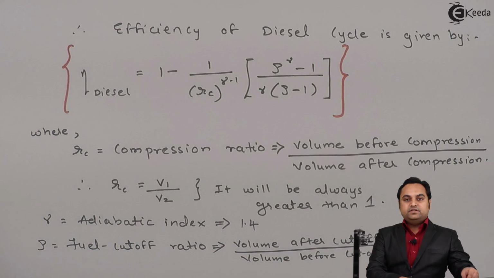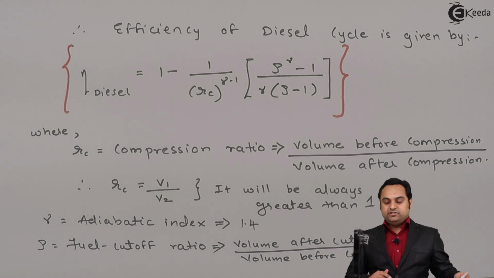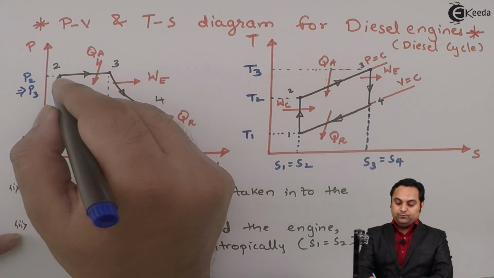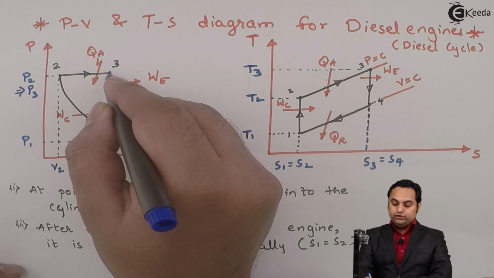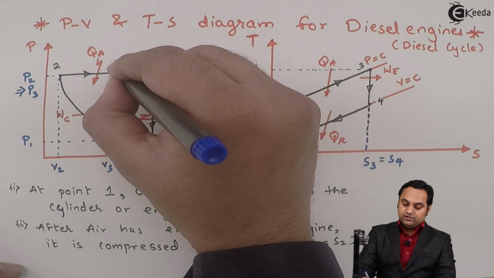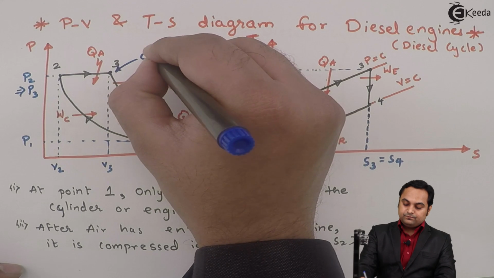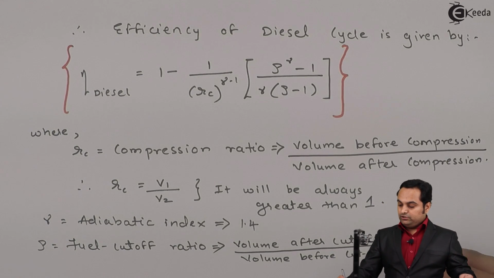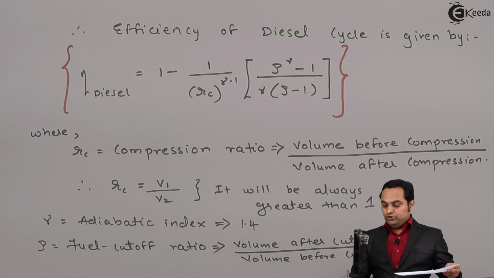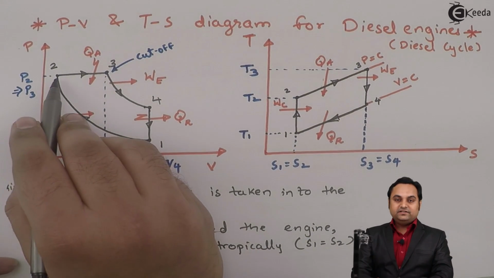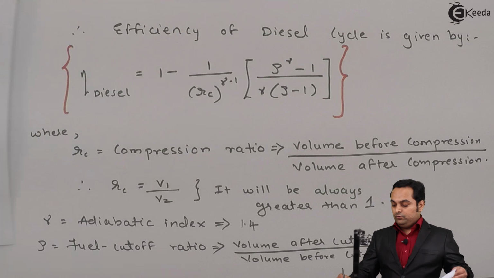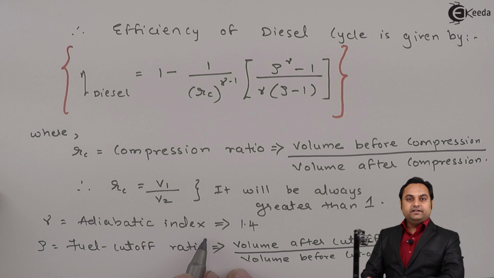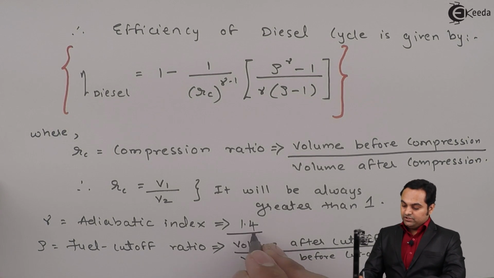And as we can see, this cutoff is nothing but the cutoff of the fuel supply. So volume after the fuel has been cut off: fuel injection starts from point 2 and ends at point 3. So at point 3 there is cutoff of fuel, fuel is stopped. At this point the volume is V3, so volume after cutoff is V3, and volume before cutoff, where fuel started being injected at point number 2, is V2. So V3 by V2 is nothing but the fuel cutoff ratio, and gamma, as I have written, is the adiabatic index, and for an isentropic process the value is 1.4.